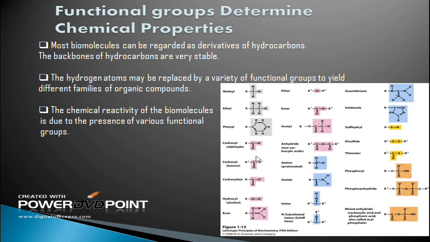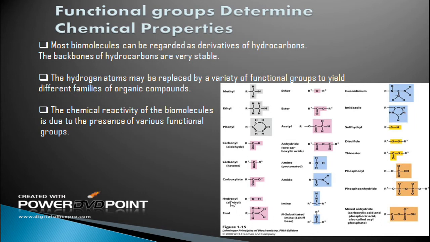So most biomolecules can be regarded as derivatives of hydrocarbons. The backbones of hydrocarbons are very stable. The hydrogen atoms may be replaced by a variety of functional groups to yield different families of organic compounds.